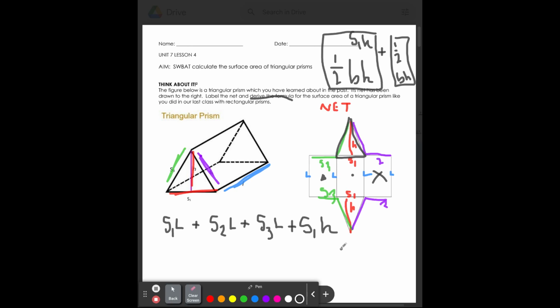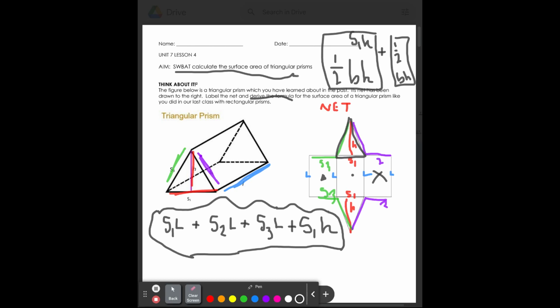So this formula right here, which you should go ahead and write in your composition notebook, is the formula that you would use to find the surface area of a triangular prism. Finding the area of side 1 times the length, side 2 times the length, side 3 times the length, and then with our two triangular faces, it'd be side 1 times the height.